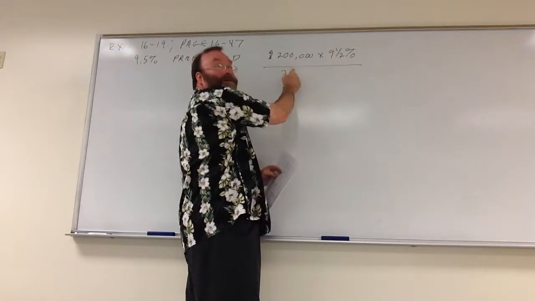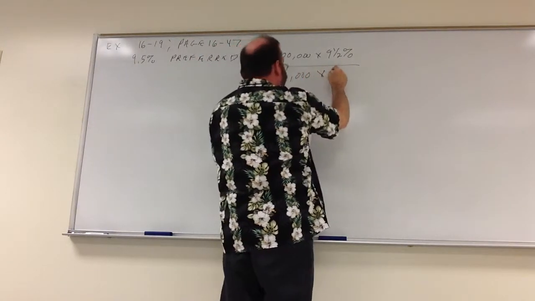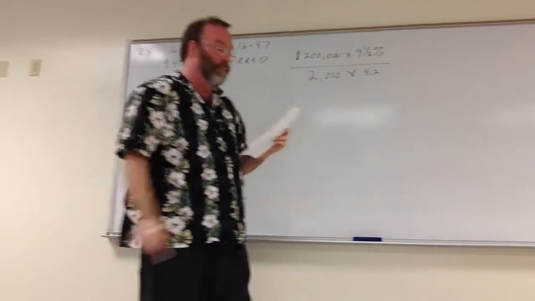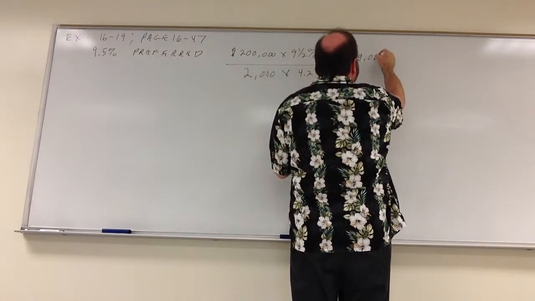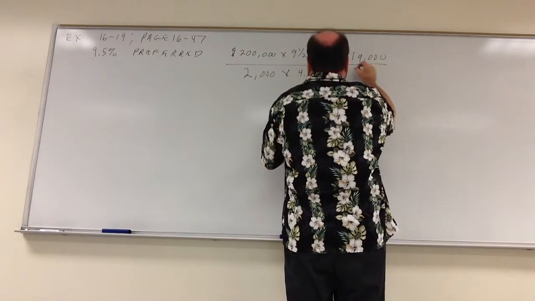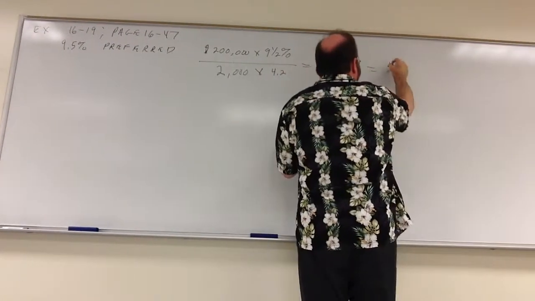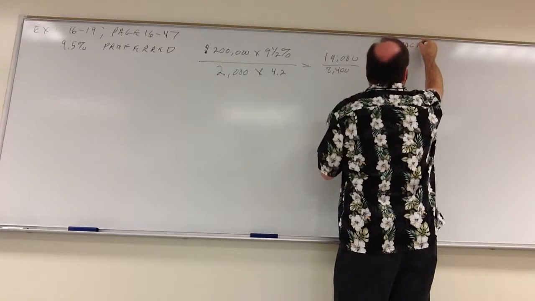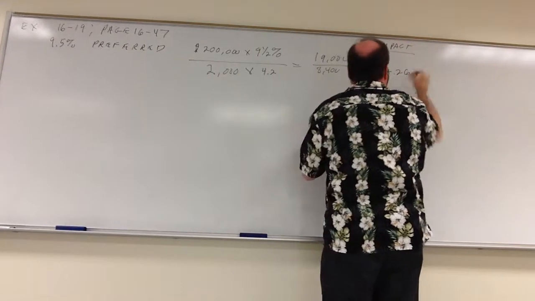It's 2,000. And each one of them is convertible into 4.2 shares. That's 19,000 divided by 8,400, or an impact of $2.26.